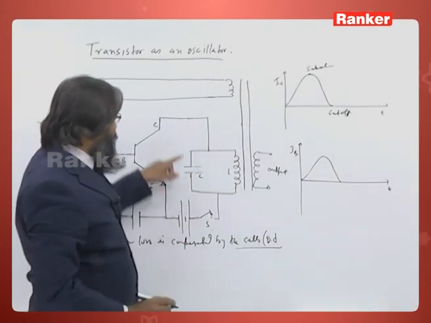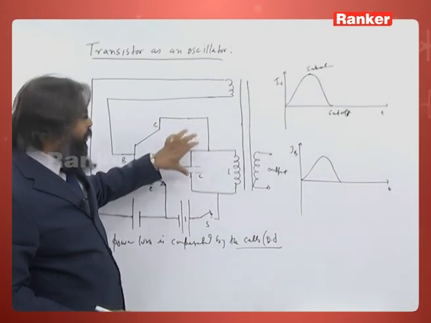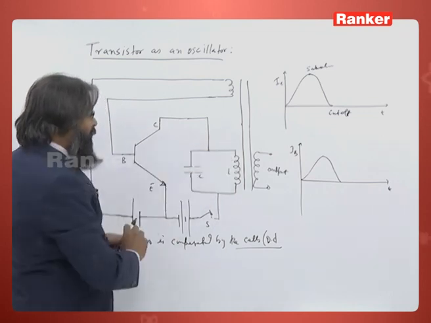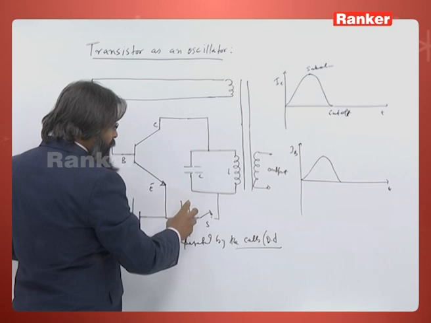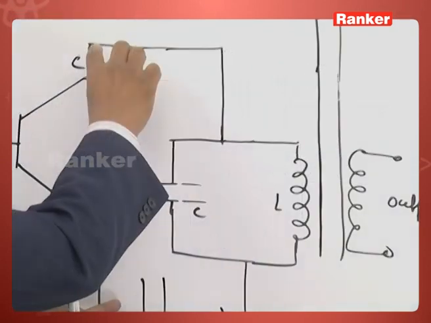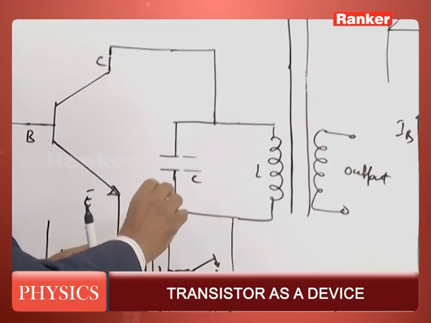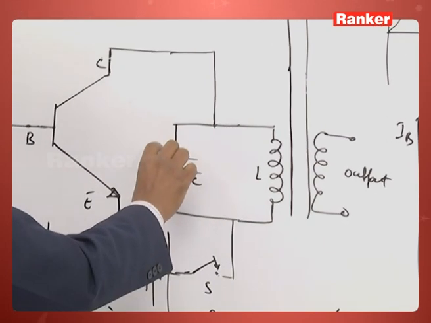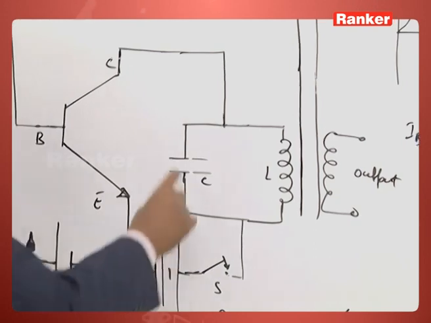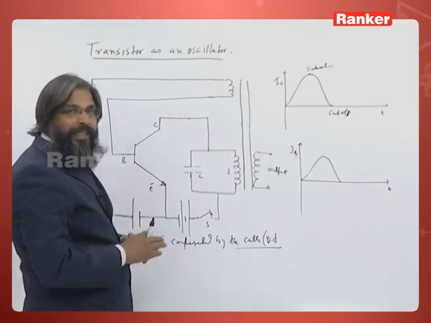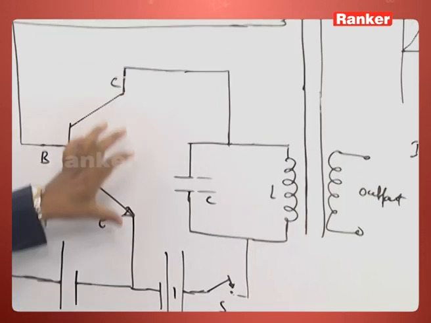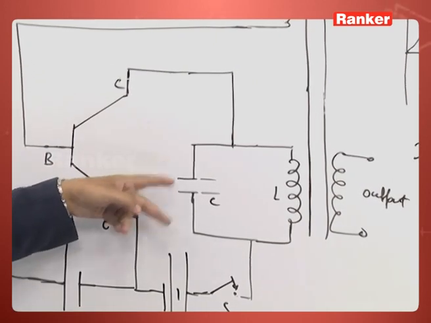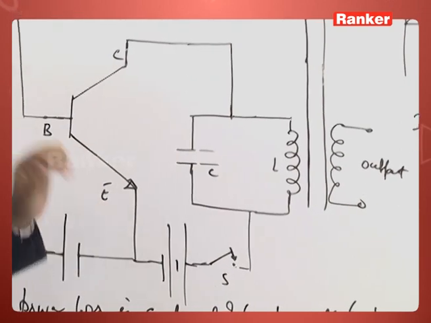When the current in this inductor becomes 0, it means the capacitor is fully charged, and so the voltage here is minimum. The voltage is adjusted so that when this is the peak voltage, this minus this is the cutoff voltage. That means at that time both junctions will get reverse biased.